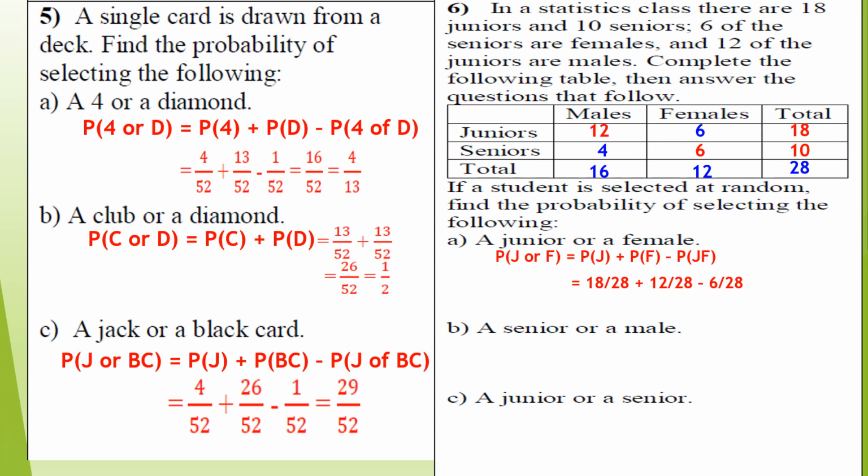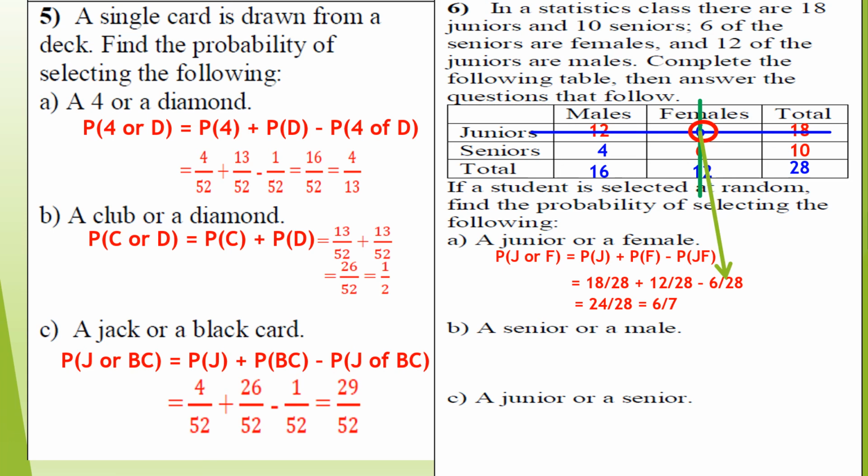Female, 12 over 28, minus the probability of a junior female, which is the intersection of these two, which is 6, so minus 6 over 28. That's why we subtract 6 over 28. So the final answer is 6 over 7.